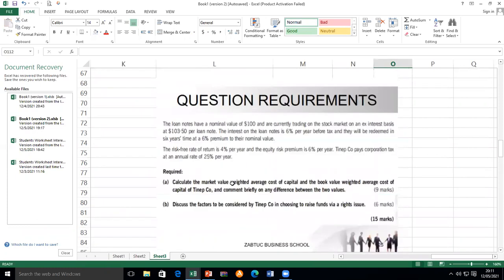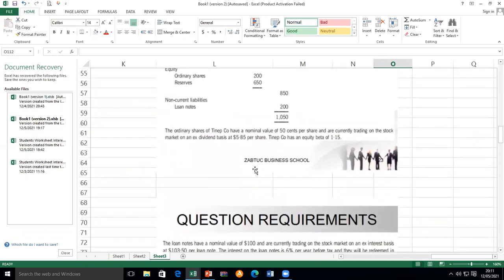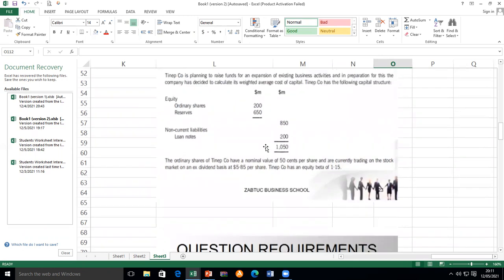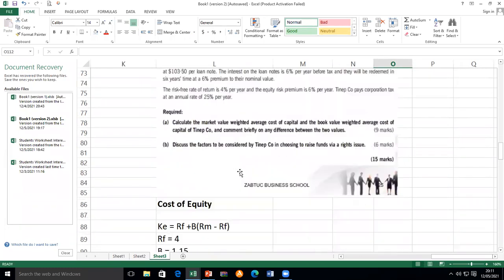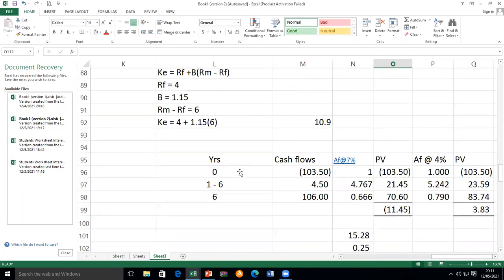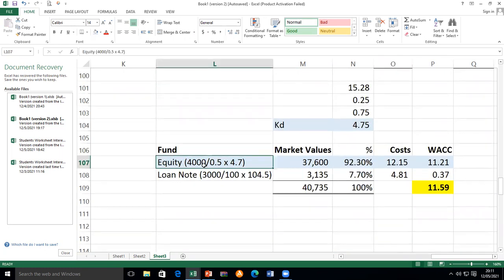Okay, let's put in the values, market values. Equity, 50 cents. So we get 200 divided by 0.5, 5.85.